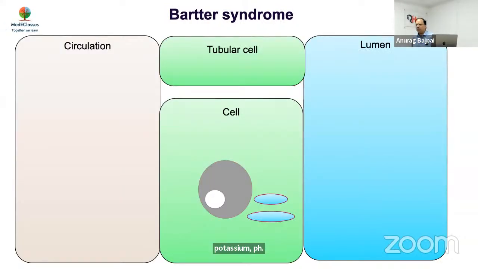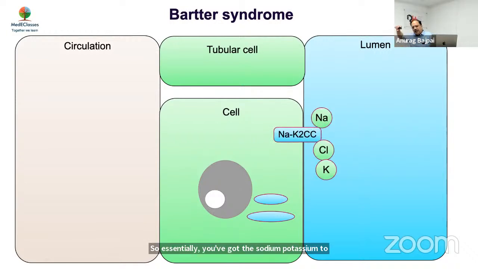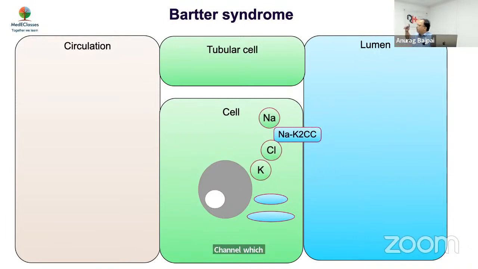Now, just to keep it a more nuanced look, because we'll be talking about a specific form of Bartter syndrome today, we'll dig a bit deeper into how this tubular area works in terms of absorption. Essentially, you've got the sodium-potassium-2-chloride channel, which carries sodium, chloride and potassium from the lumen to the tubular cell.